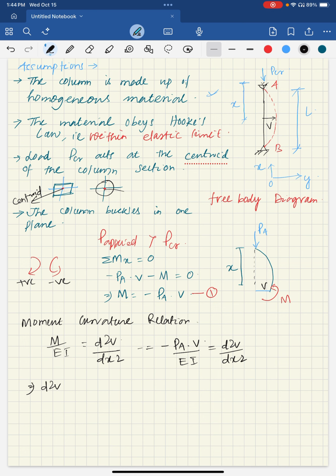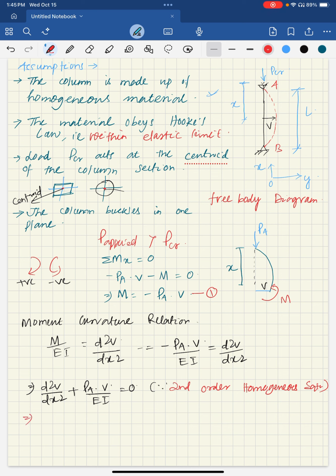If I simplify this, d square v by dx square plus (P/EI) v is equal to 0. Now this is called a second order homogeneous equation, right?